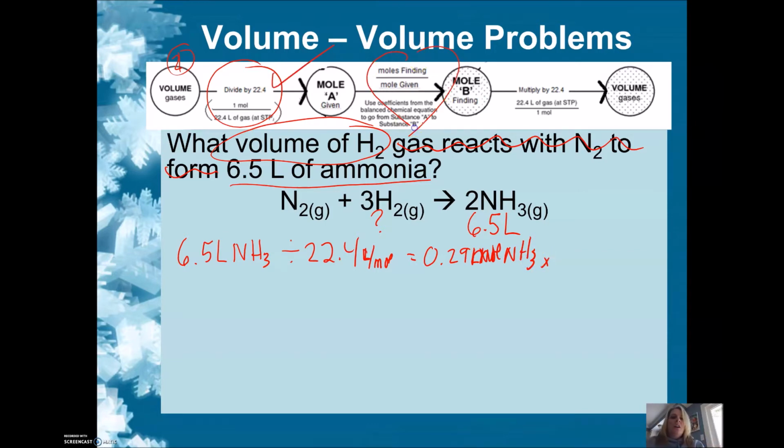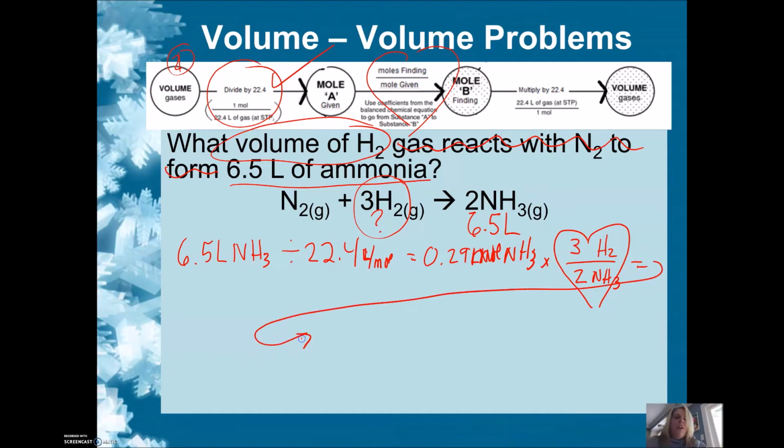Next, we go to our heart. So we're going to multiply by our mole ratio. The NH3 is what we're given, so that goes on the bottom. Our question mark is the H2, that goes on the top. In front of the NH3 is a 2. In front of the H2 is a 3. So we're going to take our 0.29, multiply by 3, and divide by 2.